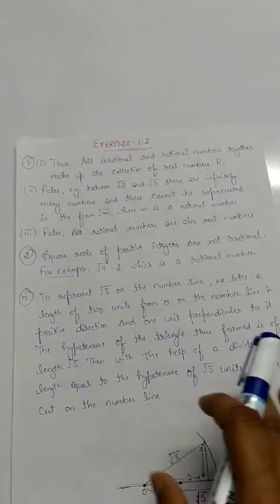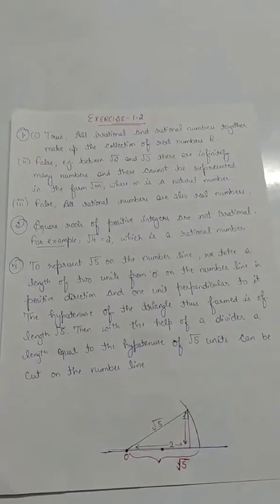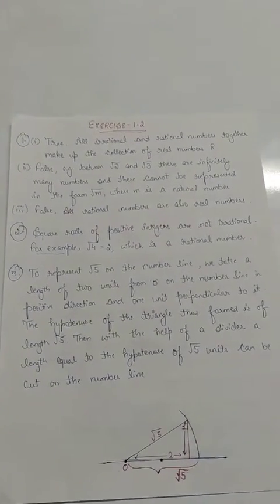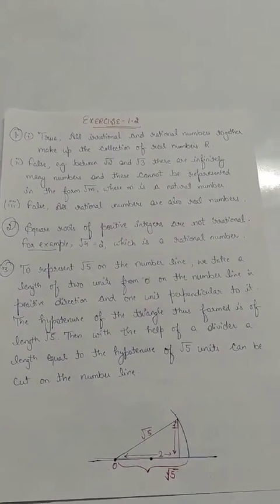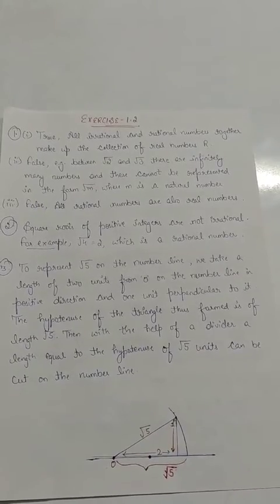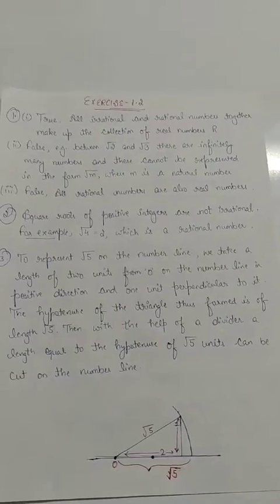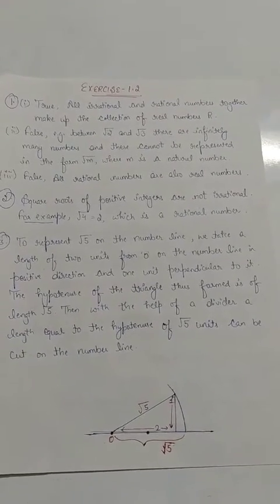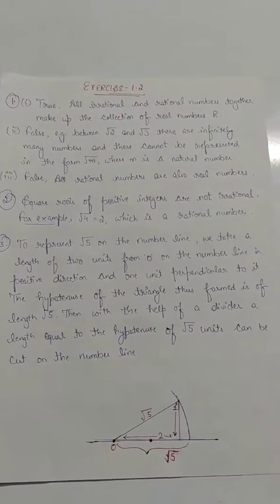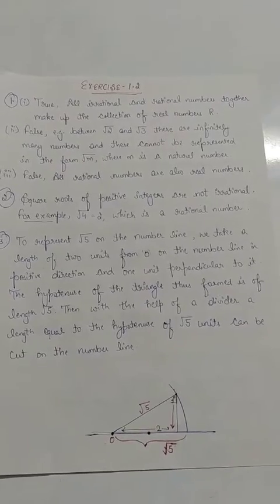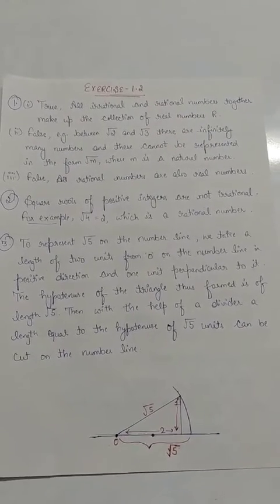So we have true and false. First is true. All the irrational and rational numbers together make up the collection of real numbers. So the collection of all the irrational and rational numbers makes the real numbers R. Second is false.